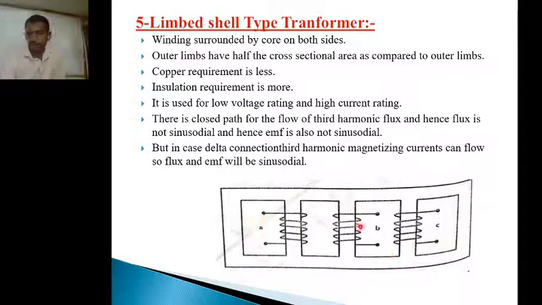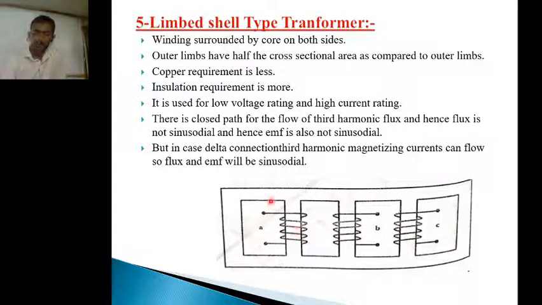But if you make the delta connection, then the delta connected transformer winding itself provides a closed path. So the third harmonics are circulating inside the delta winding, so no harmonic magnetizing currents can flow, so flux and EMF will be sinusoidal.